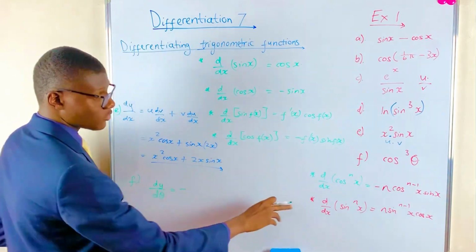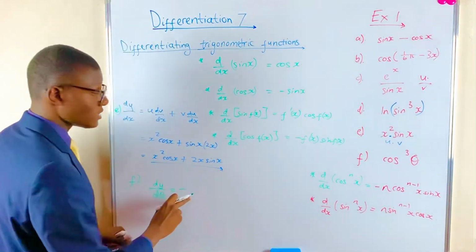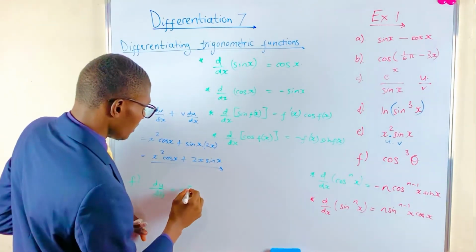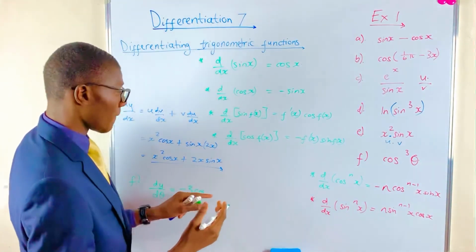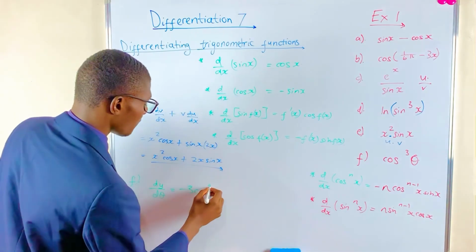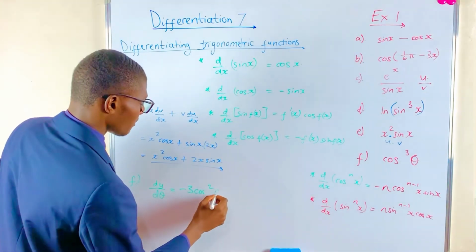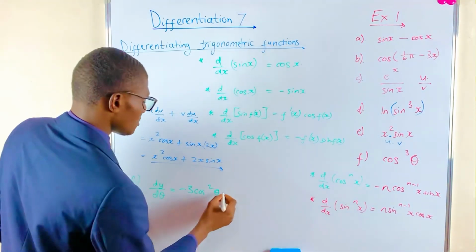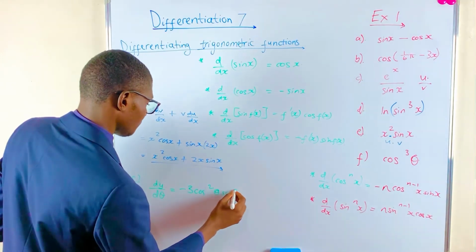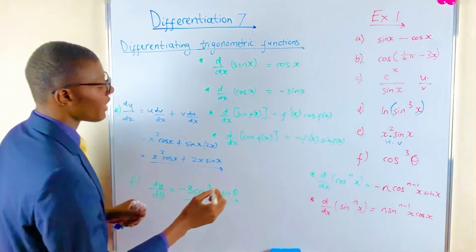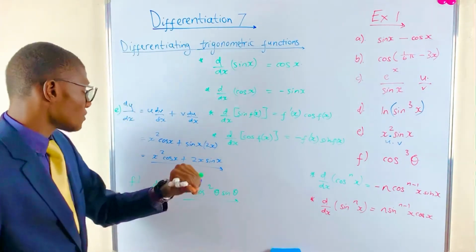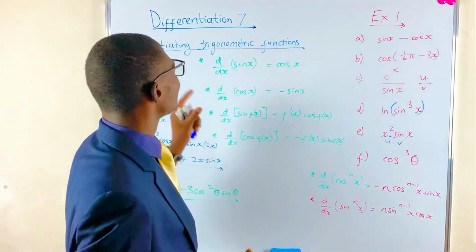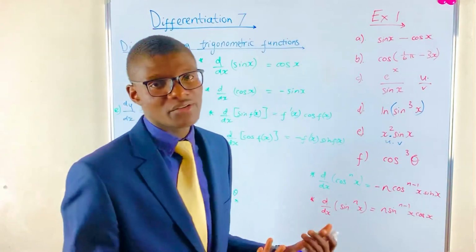Sorry, we're supposed to use this result. So minus, dropping the power 3, multiplying by cos, and then subtracting 1 from the power, we get 2, times theta, times sine of theta. This is by the chain rule. Okay, so this was looking at just differentiating simple trigonometric functions.